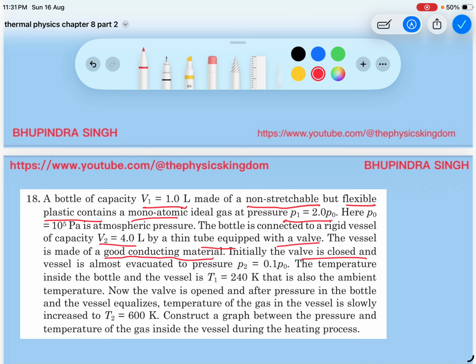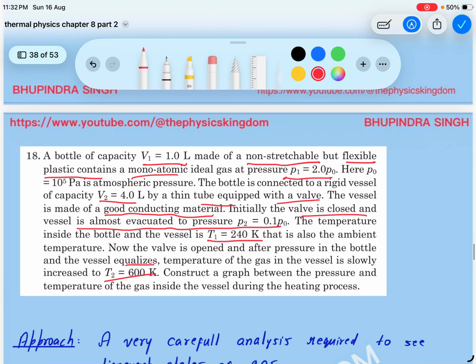Initially the valve is closed and the vessel is almost evacuated to pressure 0.1 P naught. Temperature inside the bottle and vessel is 240, that is also the outside temperature. Now the valve is opened, and after pressure in the bottle and vessel equalizes, the temperature of gas in the vessel is slowly increased to 600. Construct a graph between pressure and temperature of the gas inside the vessel during the heating process.